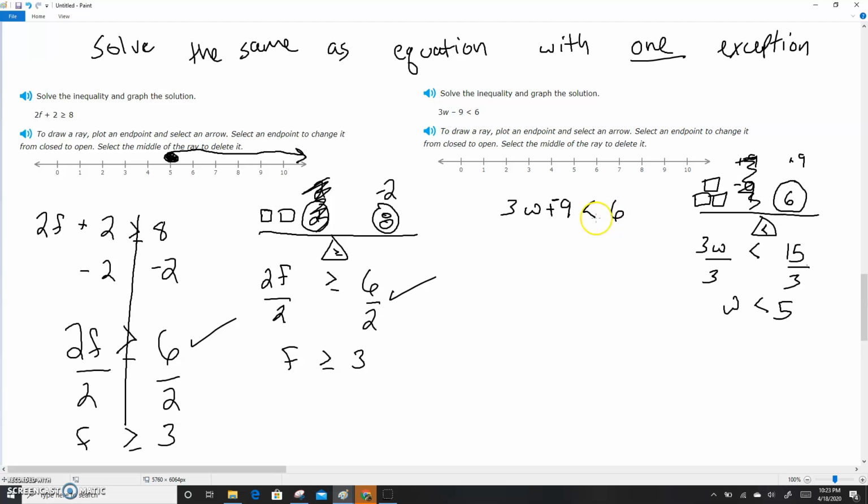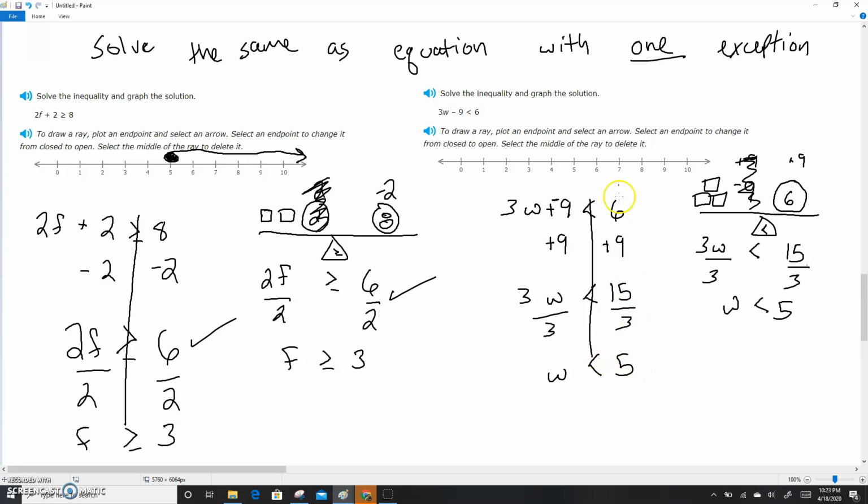If I wanted to solve it algebraically, remember this is the same thing. I would add 9 to both sides and get 3w is less than 15. See how these are the same? Divide by 3, and I'm going to get w is less than 5.